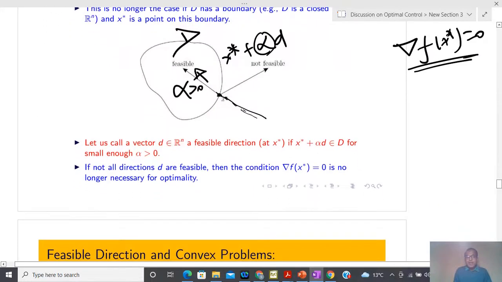Due to that reason, I have to make sure that there exists some kind of feasible direction, and I have to select the feasible direction in such a way that this condition will hold. If I am not able to do so, then the necessary condition is violated.